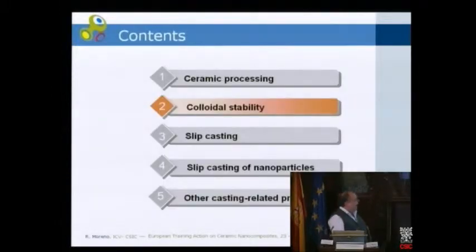Well, in the case of slip casting, the process is based on the dispersion of powders in liquid, as explained by Professor Bowen, and the main parameter to control is the colloidal stability of such particles in the dispersing medium.